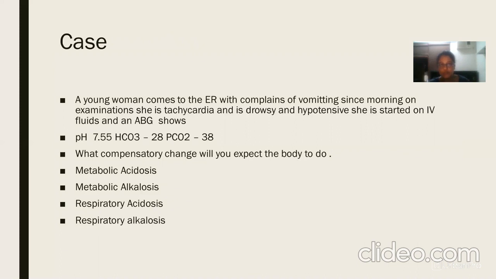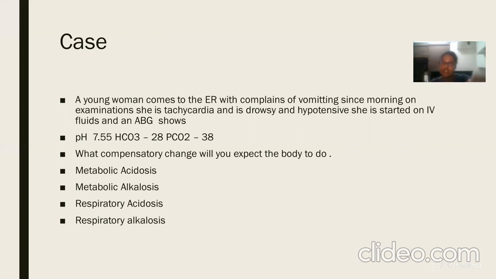We have a woman who's vomiting, so she's removing all her acid out. Clearly from the case itself, we know that this one should be metabolic alkalosis. She's tachycardic because she's vomited so much fluid, and hypotensive, again because of lack of fluid, and you're giving her IVs to stabilize that. Her ABG shows an alkalotic picture, very similar to the vomiting history.